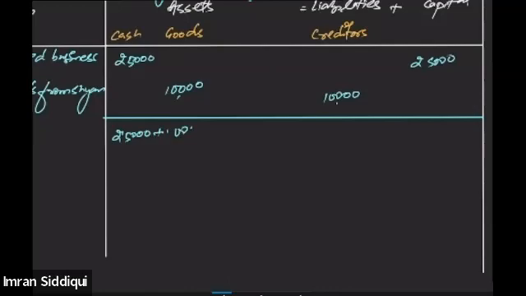On the other hand, we have the liability of 10,000 and 25,000 by way of capital. Totaling both sides, we should get the same value. And yes, we are getting the same value on both sides. In fact, let me draw a line here. All right, is it clear, everyone?